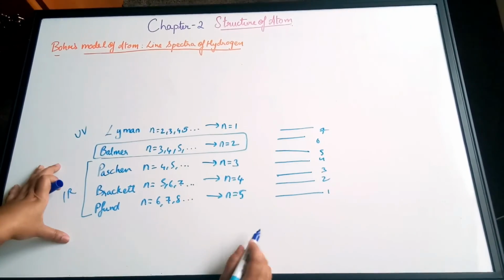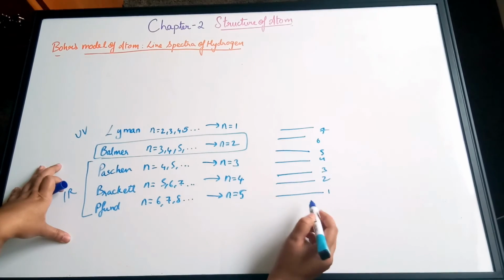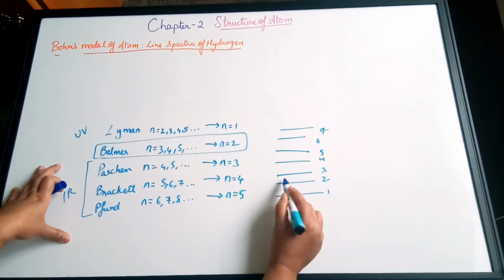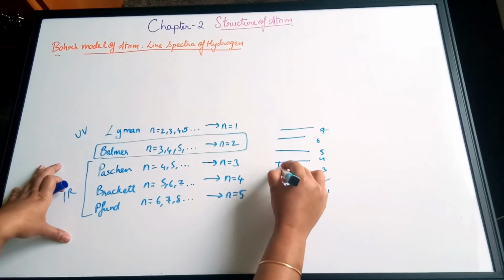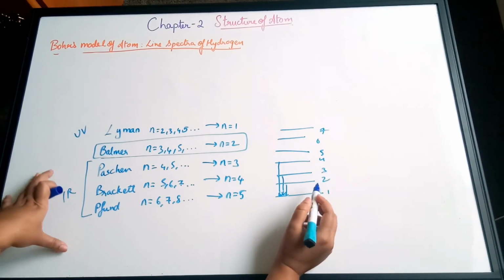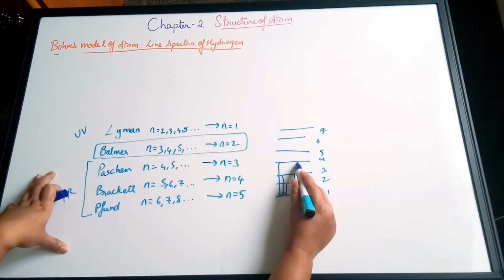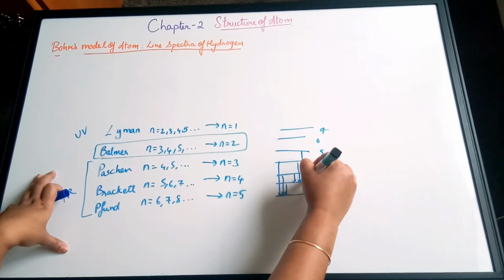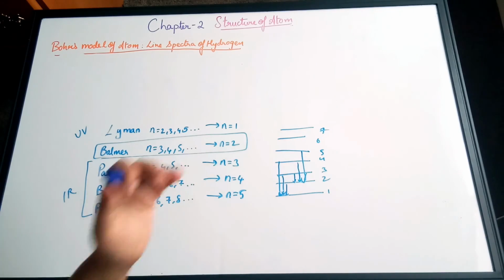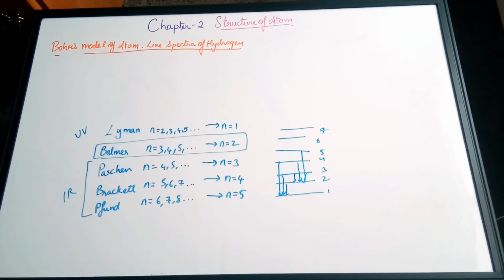Your Lyman series will be observed from 2, 3 and 4 coming down to shell number 1. Your Balmer is from 3 to 2. As you can see, we are talking about higher energy to lower energy levels.